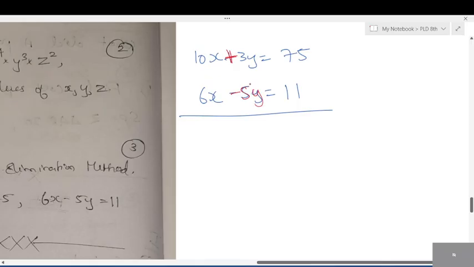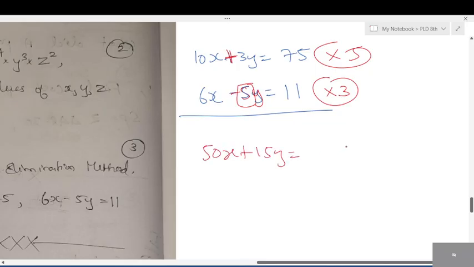Y. So what should I do? Coefficient here. Multiply the first equation with 5 and the next one with 3. Then what do we get? Plus 15y is equal to 375.